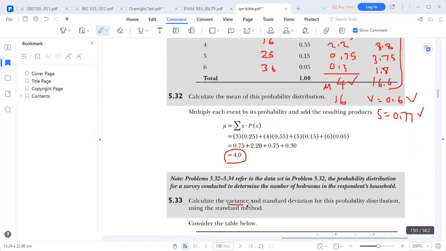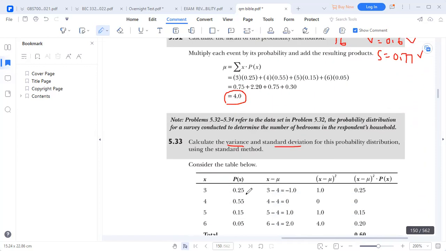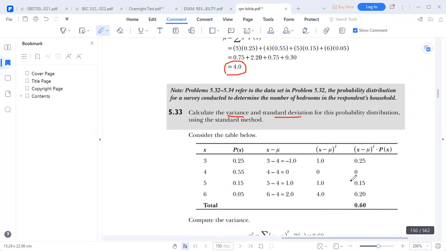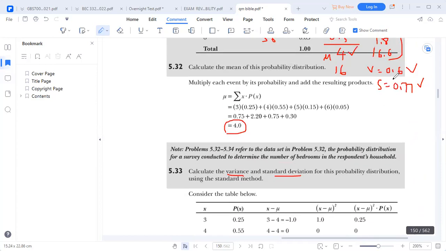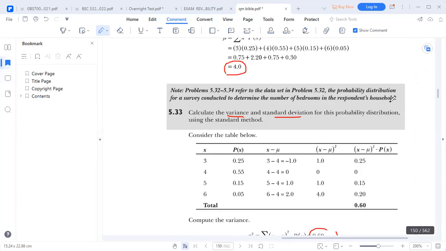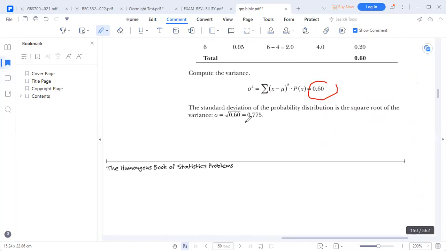To calculate the variance and standard deviation, you create the table below. Then you get our variance as 0.6, as we did here. And when you square root it, you get your standard deviation as 0.77. So please, you can't miss our 7 marks in there.